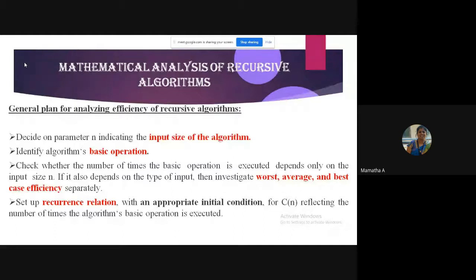Remember, for C of n, what is that C of n? It reflects the number of times the basic operation of the algorithm is executed. What is the last step? Can anybody recall? Students, after setting the recurrence relation, what is the last step?